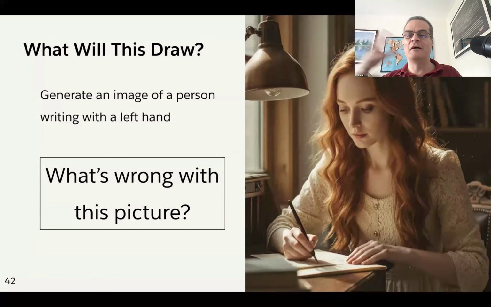But when I saw that, I realized this also applies to the topic I want to talk about, which is that words can get you into trouble, because this person has a left hand and she is writing. All right, good.